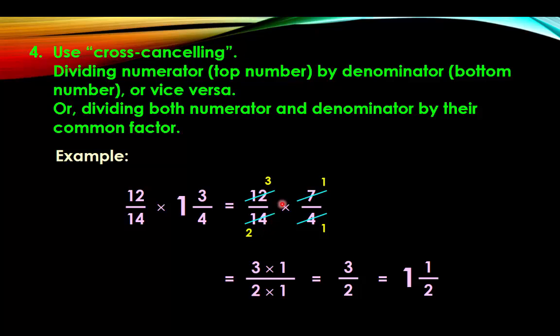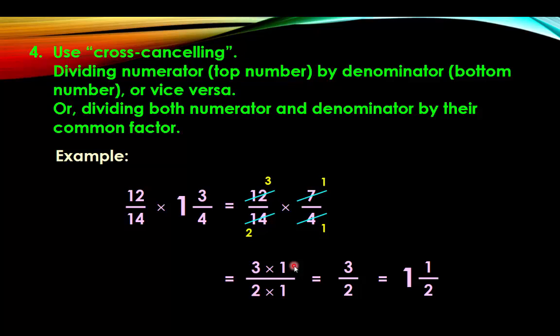Now we have the simplest multiplication of fractions. So 3 becomes the new numerator and 1 also a new numerator. And then 2 becomes a denominator and 1 also becomes a denominator.